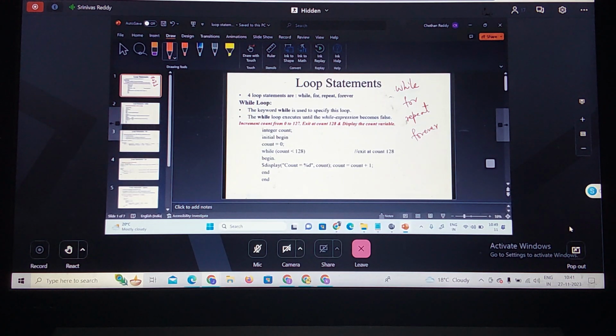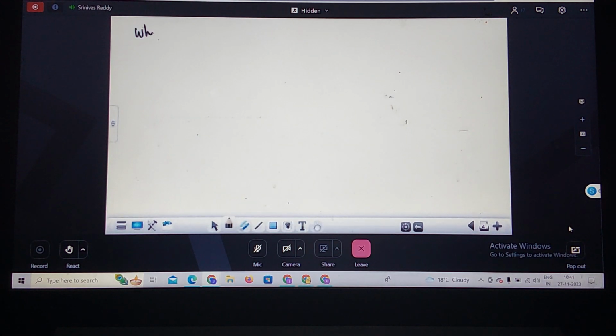What is the syntax of the while loop in other programming languages? In C programming, you initialize, use the keyword while, write the condition, then the body of the while loop, then increment the variable, then end the while loop.